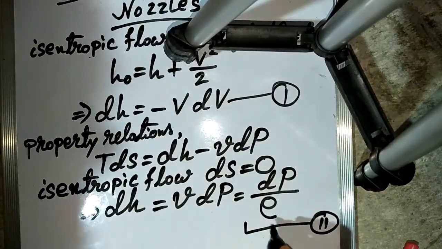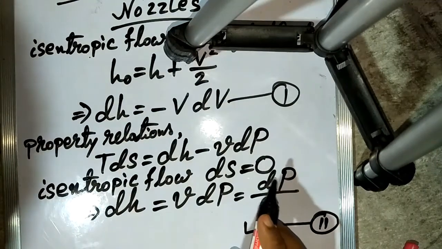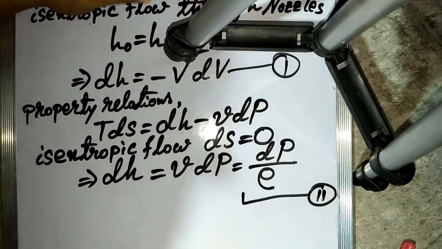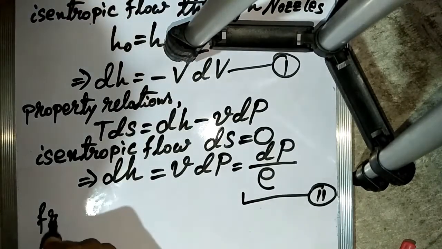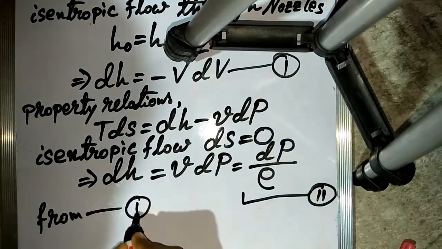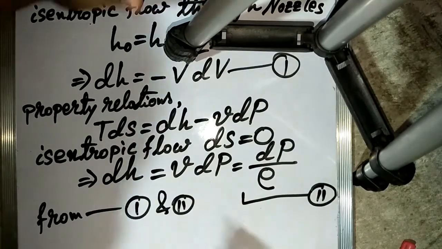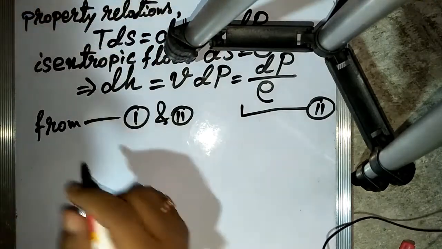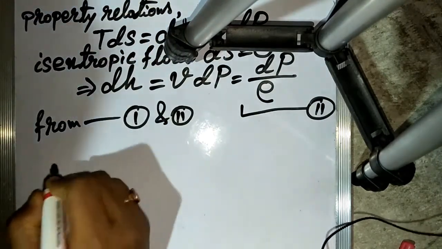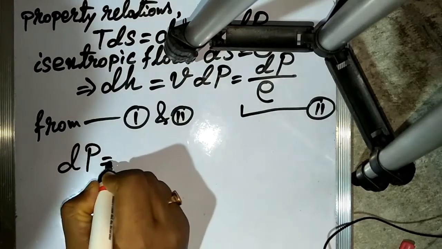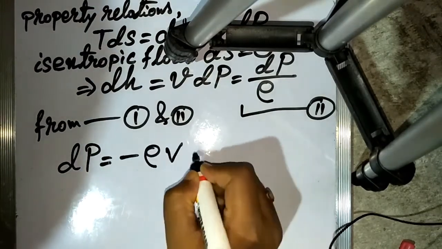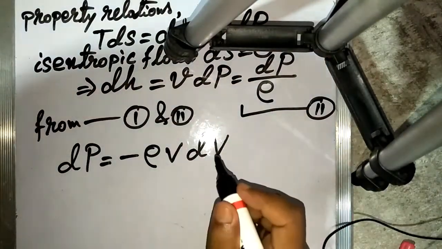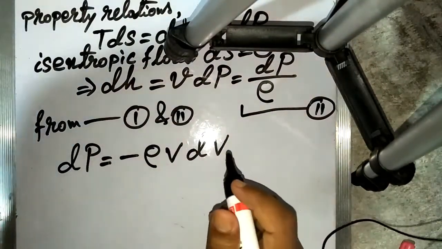From equation number 1 and equation number 2, we can write dP equals minus rho V dV.